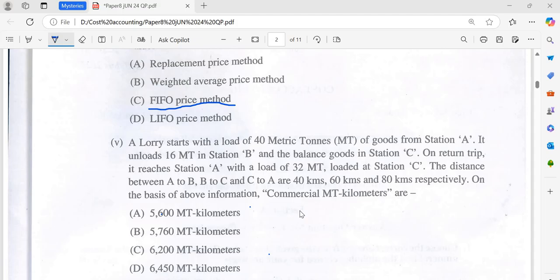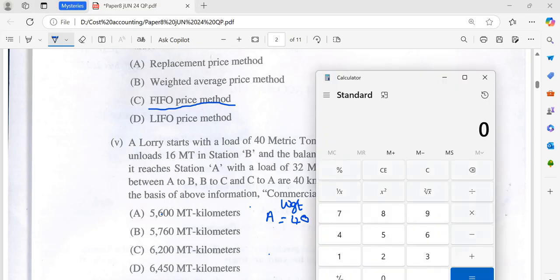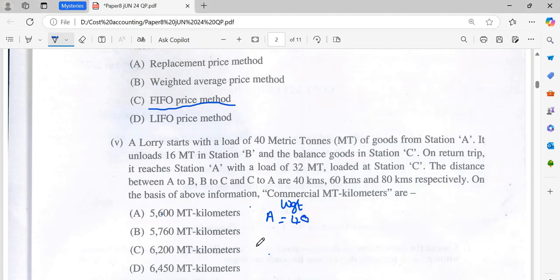So from station A it is carrying 40 metric tons, and it is unloading 16 in station B. So the remaining will be 40 minus 16, 24 metric tons of weight it will be carrying.